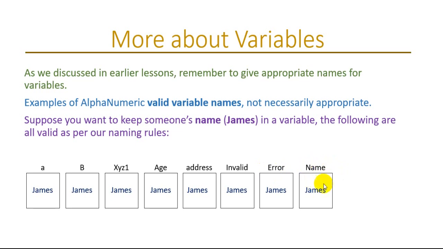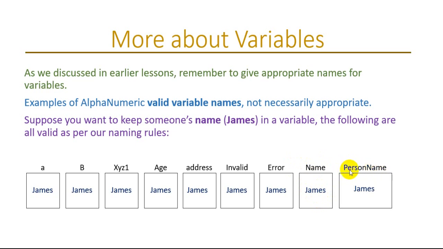Now we have given another variable and we named it name, and we have put James. So this is again name starting with an alphabet, continuing with alphabets, and therefore it's a valid alphanumeric variable. Why? Because we have stored James, which is alphanumeric content. Another one, person name.